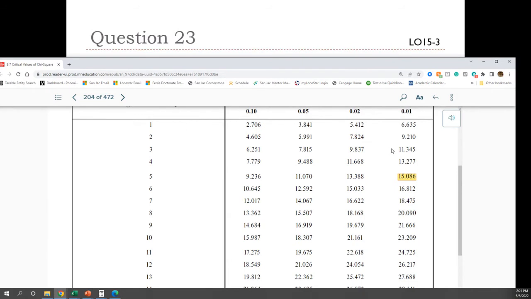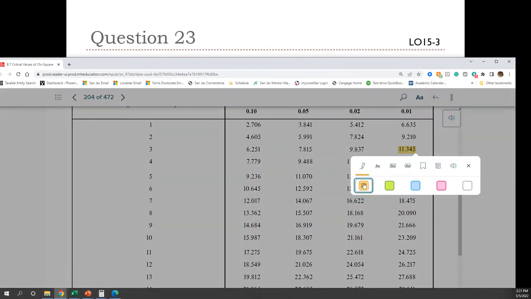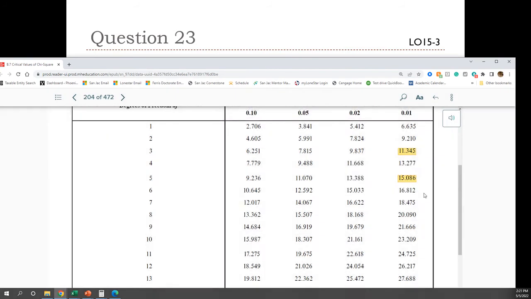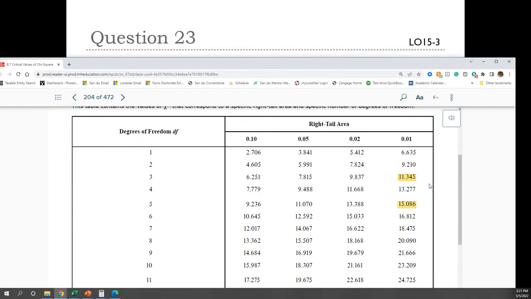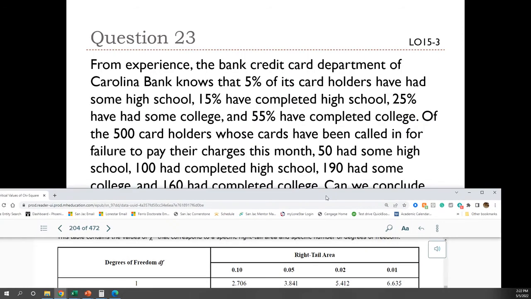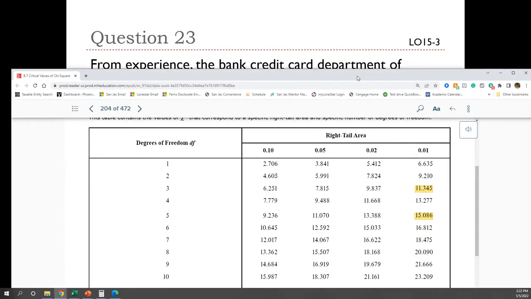So we are going to reject the null if it falls right here. Yeah, 1, 2, 3, 4. Yeah.